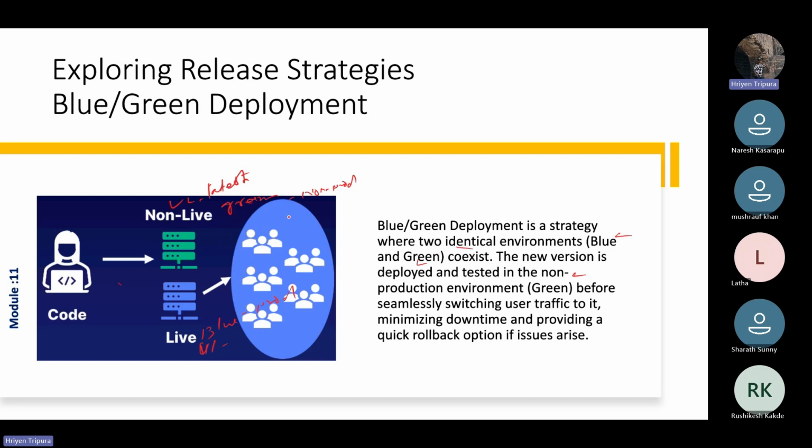Let's say here is staging, STG, and the other is the production environment. They will first test it here in the green environment, called staging, the non-production environment. So they will do all the testing.